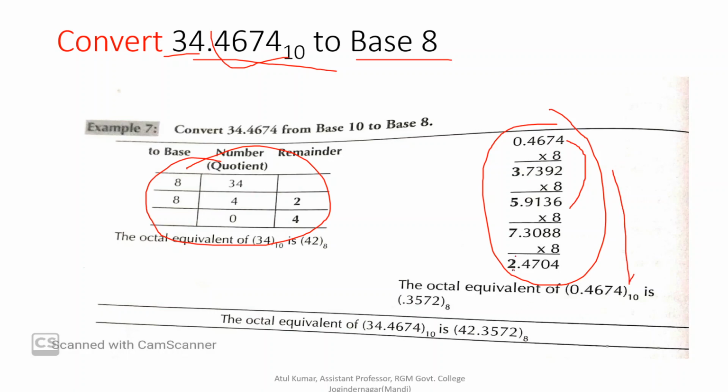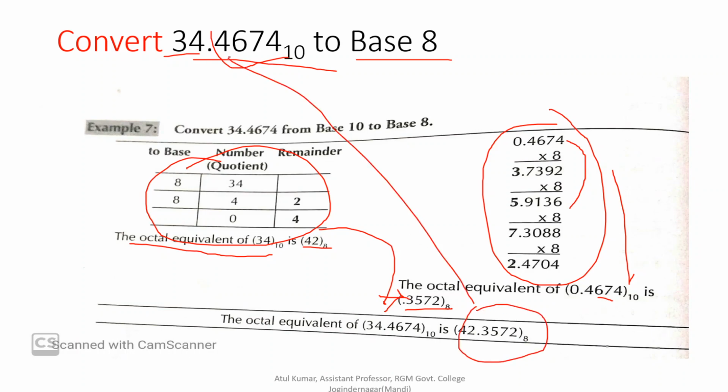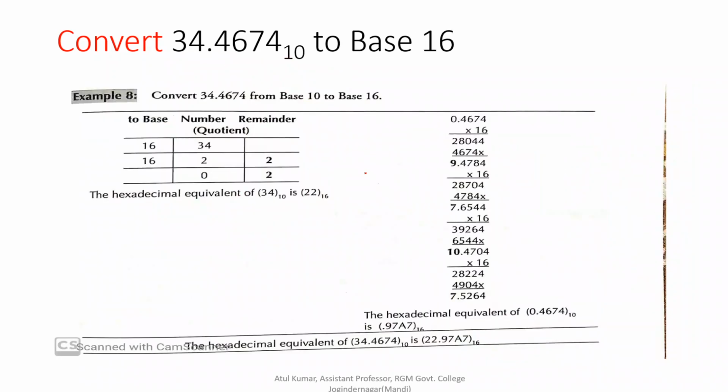So the octal equivalent for 0.4674 is 0.3572, and the octal equivalent for 34 is 42, and we combine these two in the result as 42.3572, and this is the octal equivalent for 34.4674.